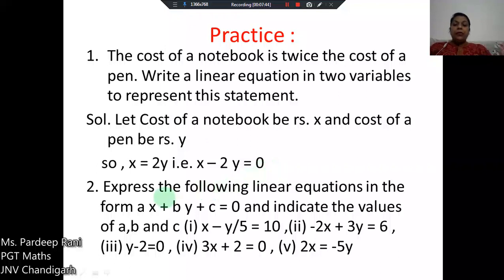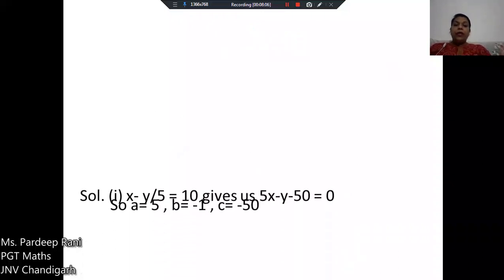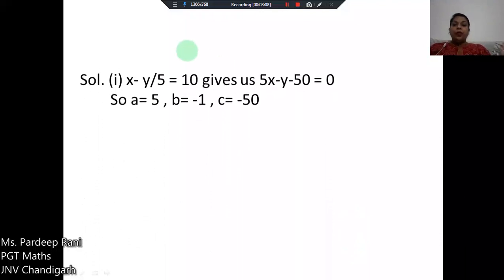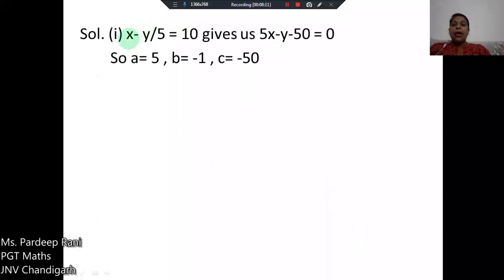Next example is to express the following linear equations in the standard form, that is ax plus by plus c equal to 0, and then indicate the values of a, b and c for the equations given to us in the following section. We are taking the first equation, which is given to us as x minus y upon 5 is equal to 10.